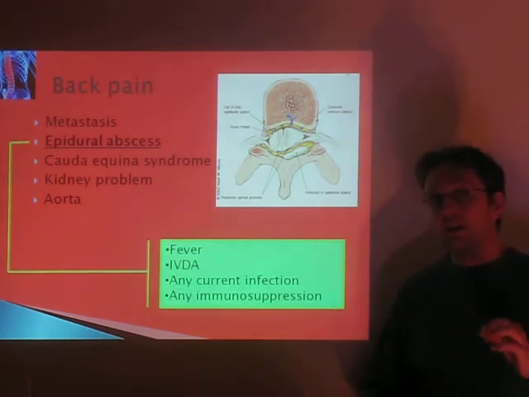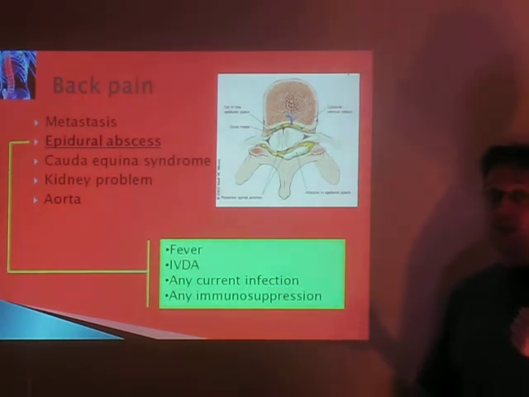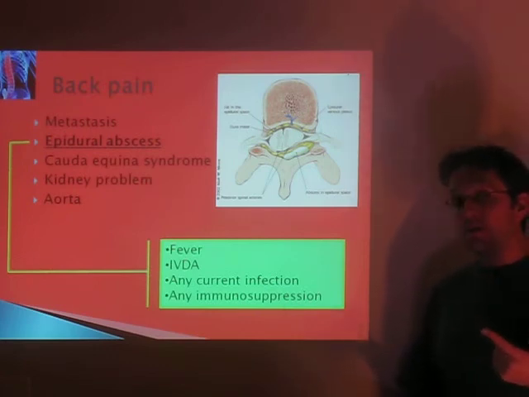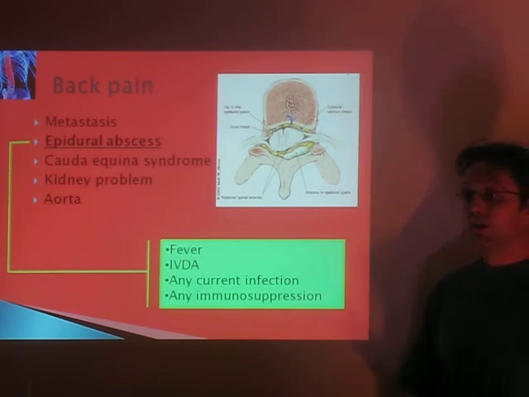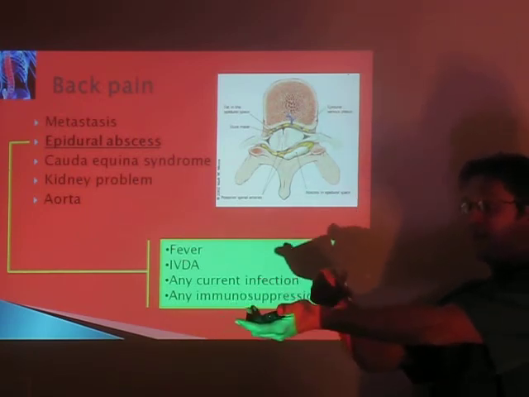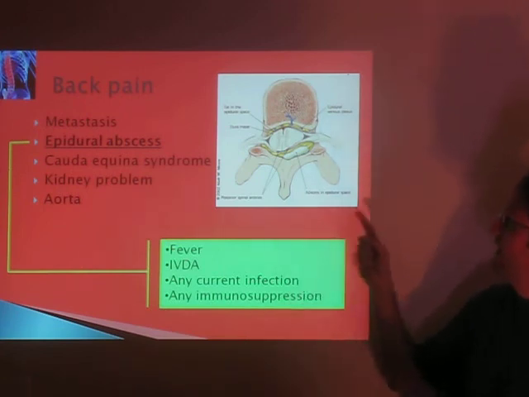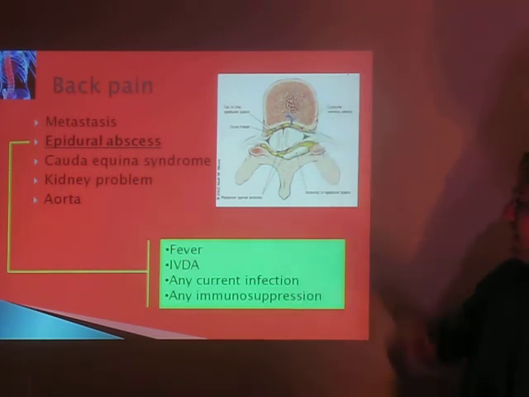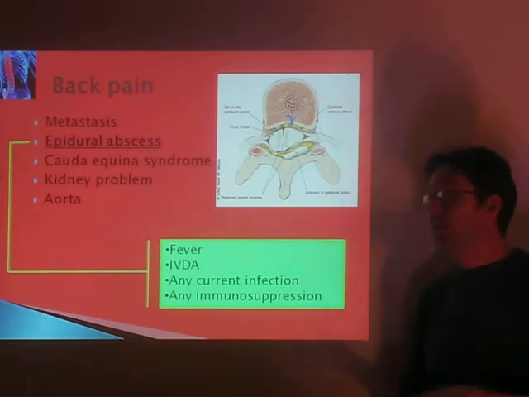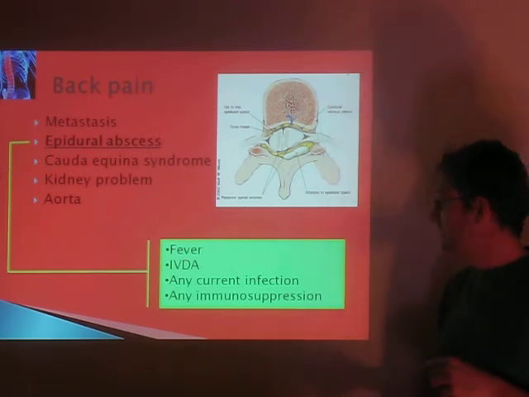But because it's an infection, it's frequently going to have a fever. So in your back pain patients, you have to say they have no fever. It's frequently caused by drug abuse, because they are continually putting bacteria into their bloodstream, which flows around, gets stuck right here, and then starts to form an abscess. If they have any other infection, a UTI, pneumonia, all that can get into the blood and get stuck right here and cause this abscess.